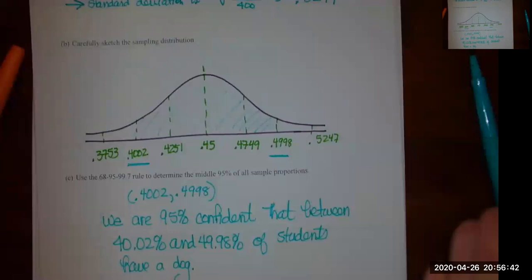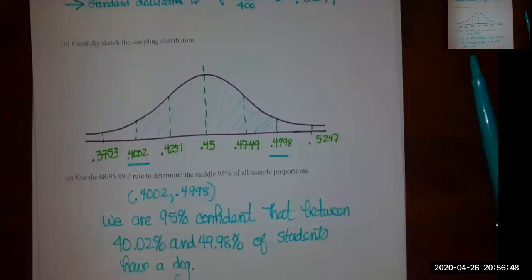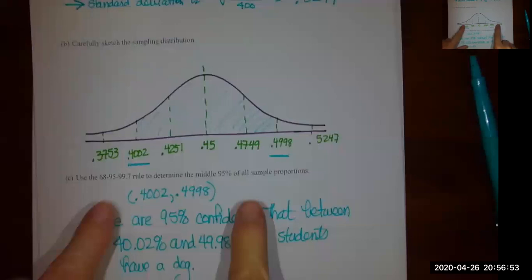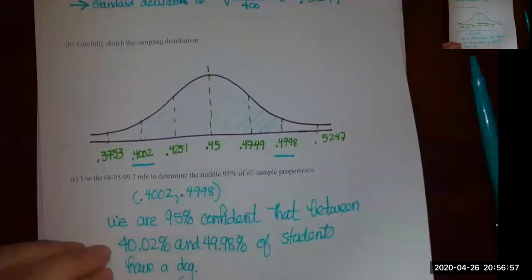Now I've given myself a lot more wiggle room. So hopefully it makes sense that as you go up with your confidence, you're scooching out with a wider interval, because you're saying, hey, I better have a bigger pool of what's acceptable, right?